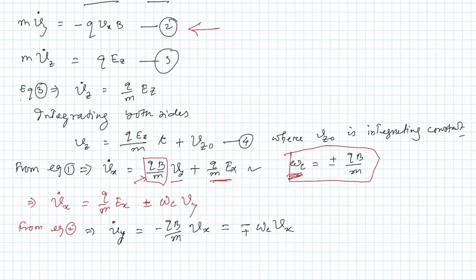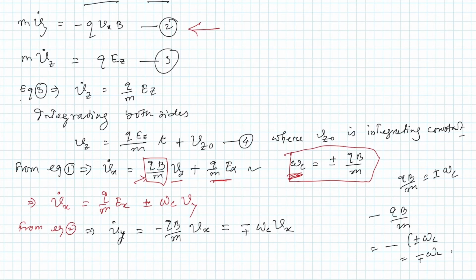Now you see, we know qB by m can be written as plus minus omega c. So if you have minus qB by m and you replace qB by m by plus minus omega c, then it becomes minus plus omega c. Remember that.